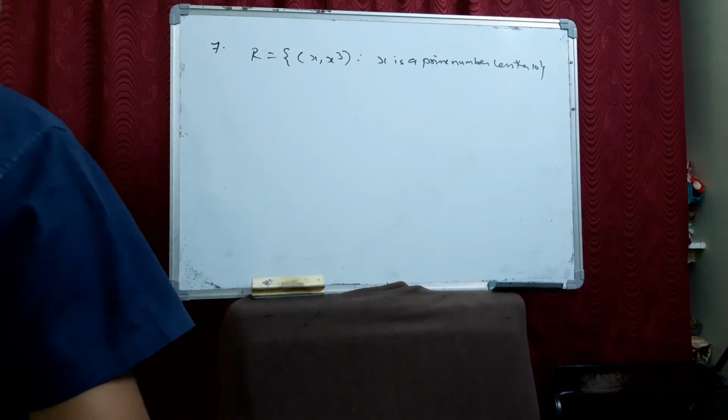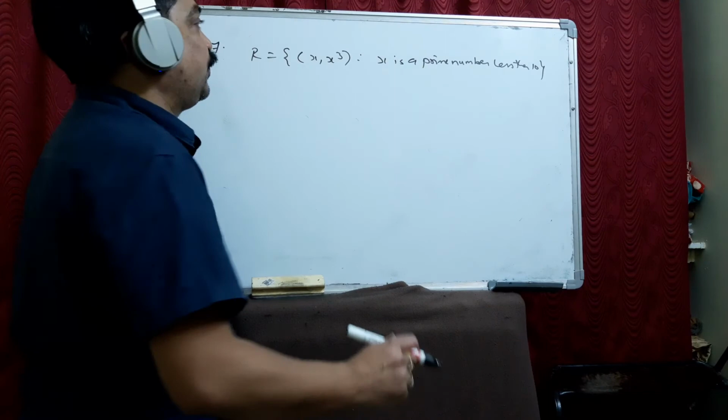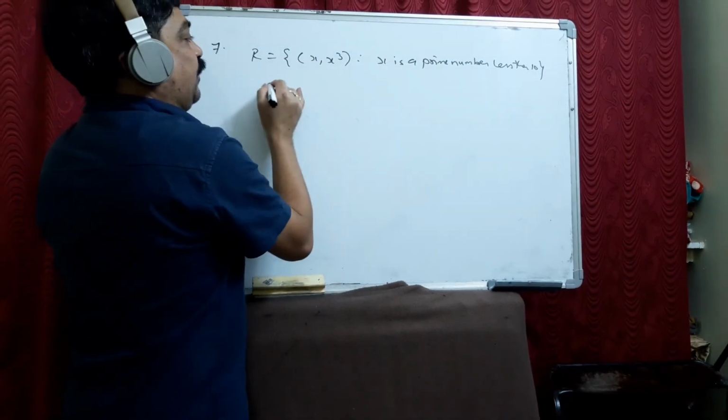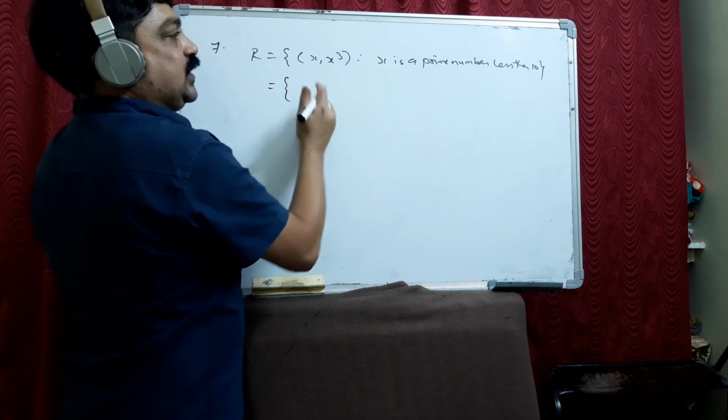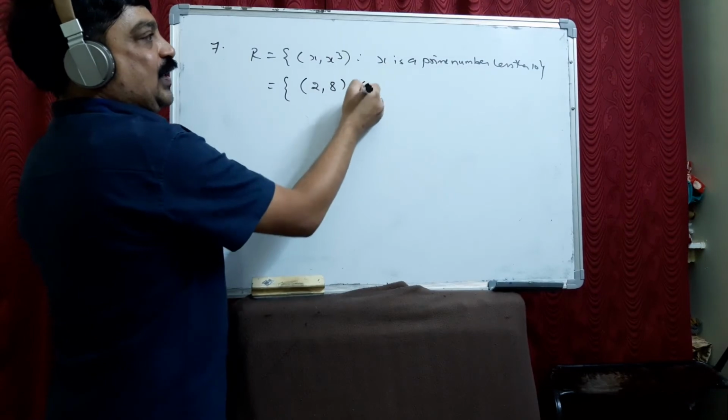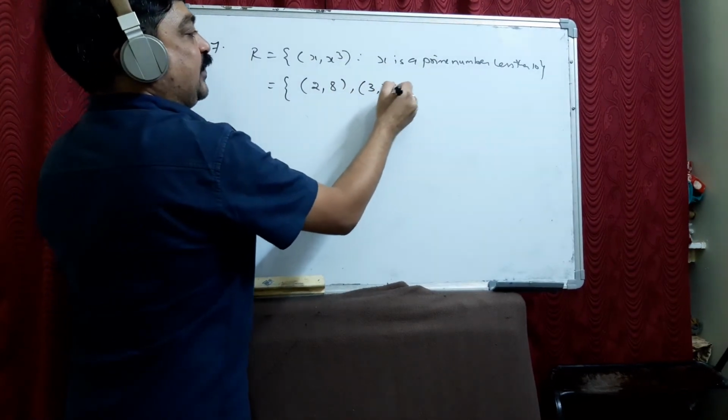See, in the seventh question we are asked to convert this into roster form. (x, x cube) are there, and x should be taken from a prime number which is less than 10. Prime number, so we start with 2. When it is 2, it will be 8, 2 cube. 3 is a prime number, 27.